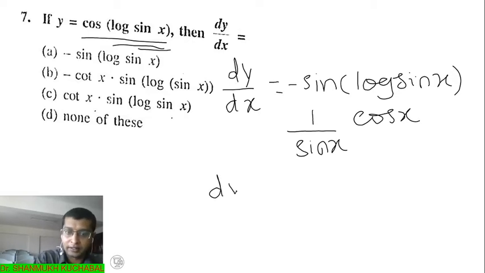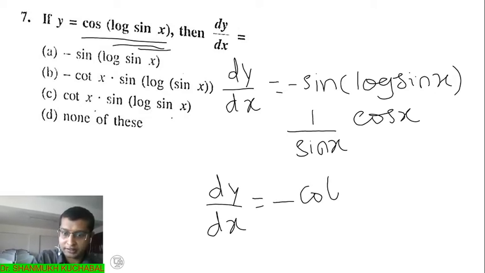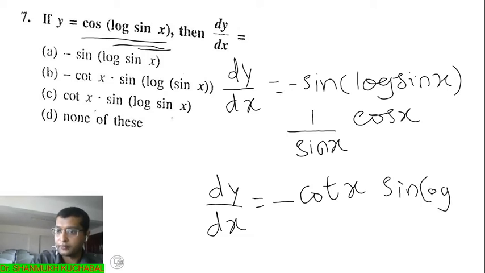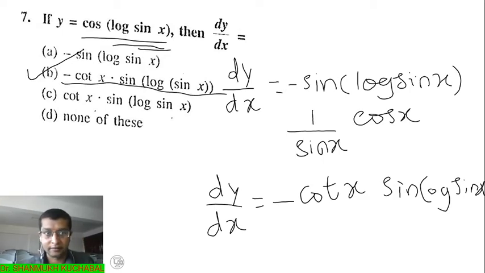So we get dy by dx equal to minus cos x divided by sin x, that is cot x, and then sine of log sin x, that is minus cot x sine of log of sin x. Here it is option B. Yes, this is the answer.